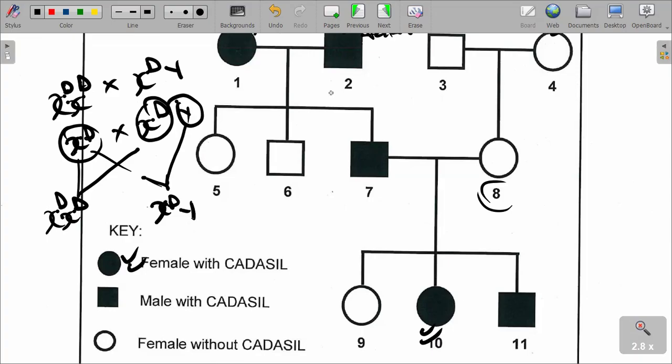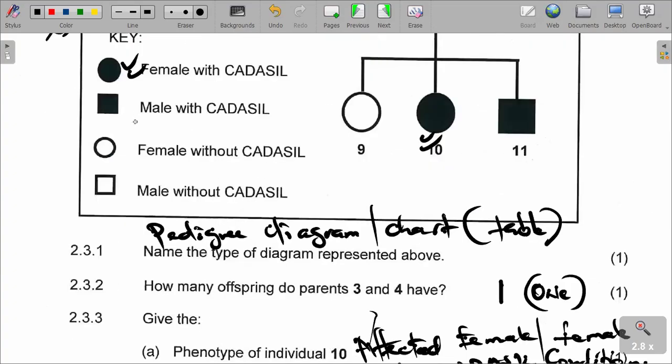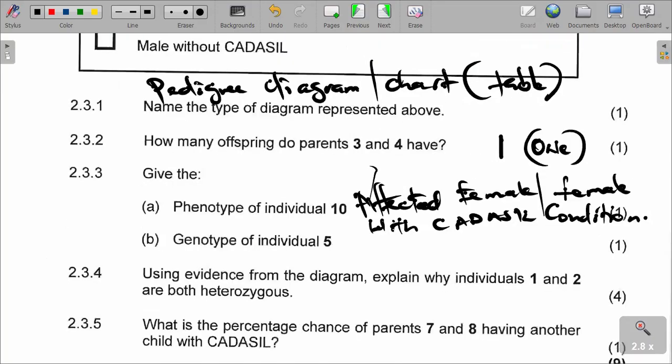Looking at it in that regard, can we say that individual 5 is clean? I think she must be affected.